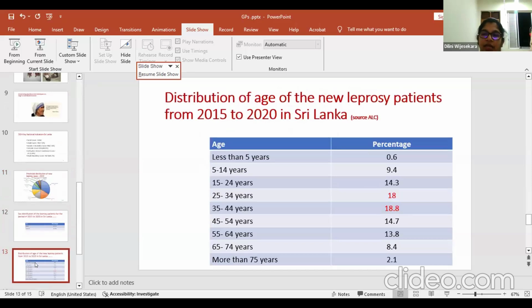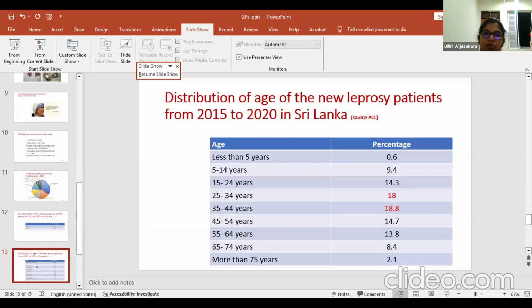If you could see this slide, we have analyzed a few years of data. In there, this is the age distribution of our people. You could very well see the age groups of 25 to 35 and 35 to 44. Those are the people who have had leprosy more. Those are the economically active population in a country.